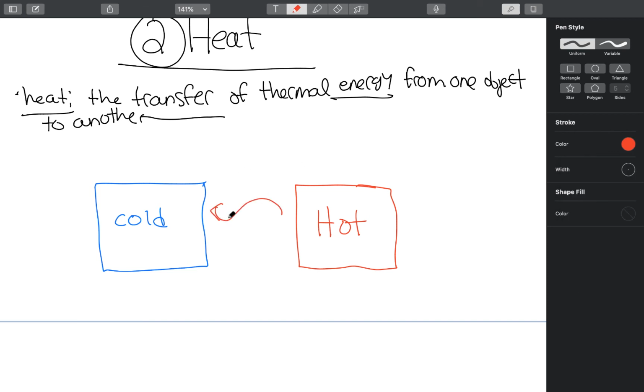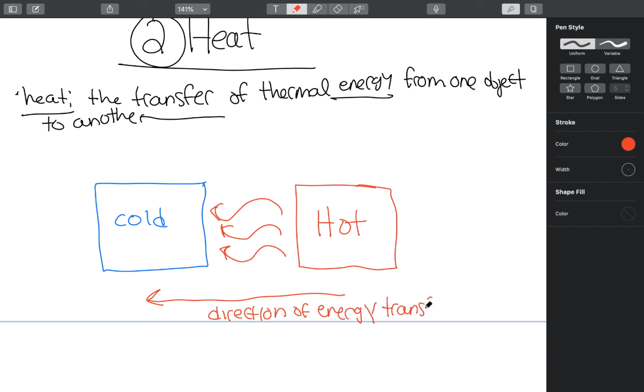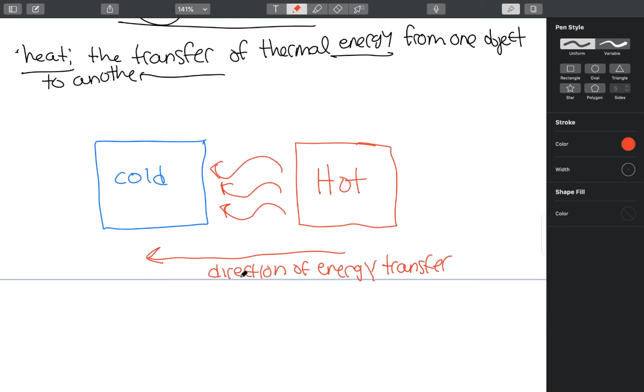So this could be our heat. So thermal energy is transferring from the hot object to the cold object. So this is the direction of energy transfer.